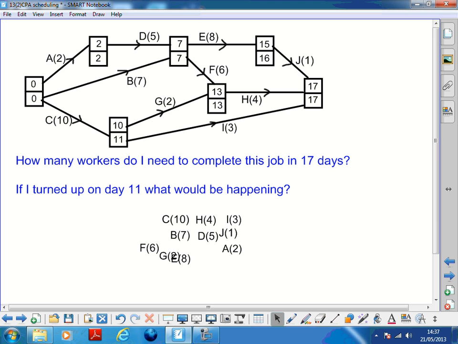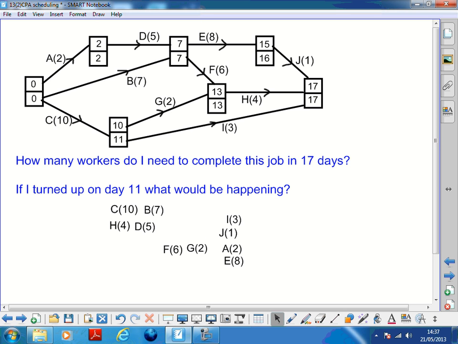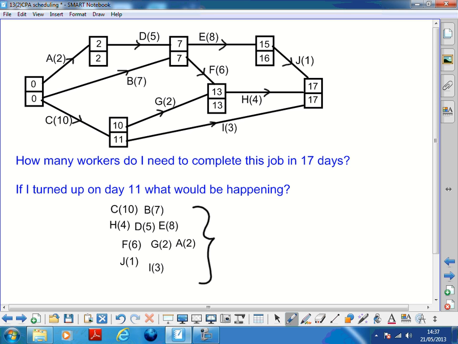But we've got to get them done in 17 days. Now, this is not very practical, but as a really basic idea, what we can do is add up the total length of the jobs.